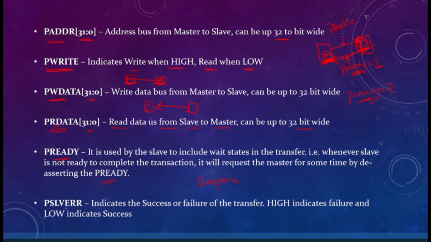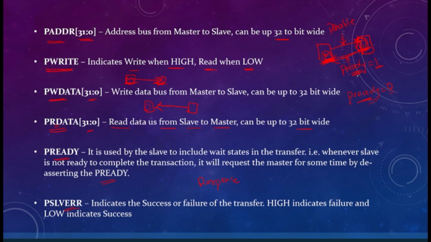Coming to PSLVERR. Basically, a transfer transaction is being done. If there is any error in that, that means the transaction is not received properly, or the slave is in low power. Slave error can occur due to many reasons.